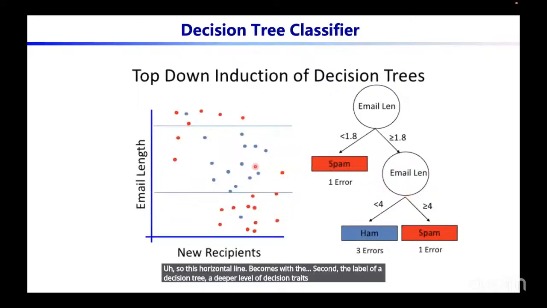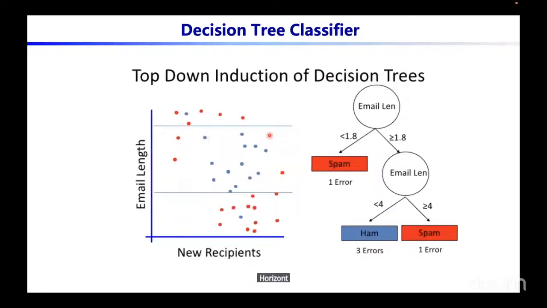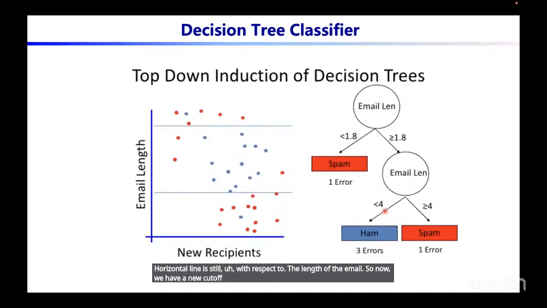In this case, the horizontal line is still with respect to the length of the email. So now we have a new cutoff of 4. If the length is greater than 4, we deem it as spam. If not, we deem it as normal.